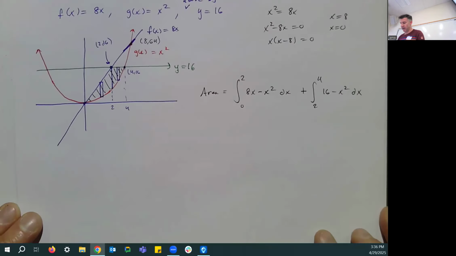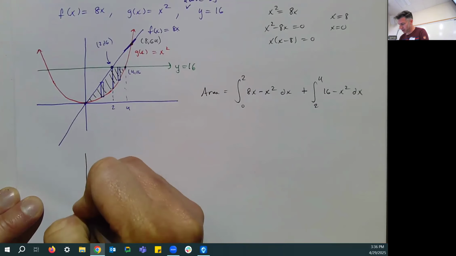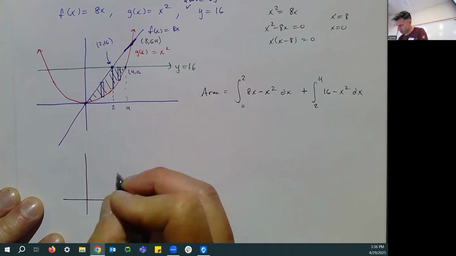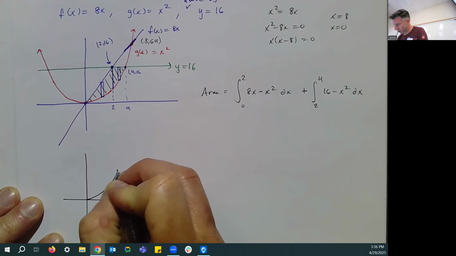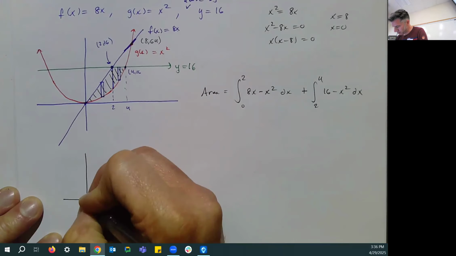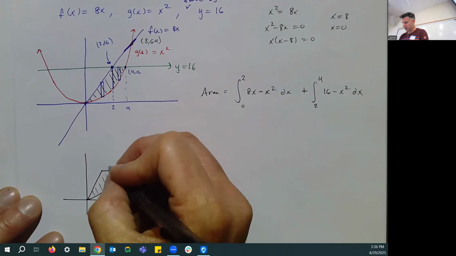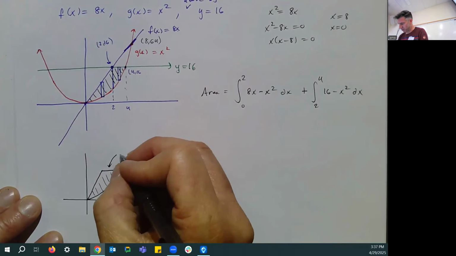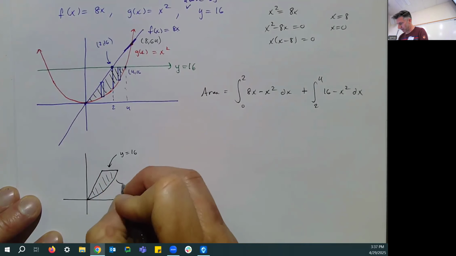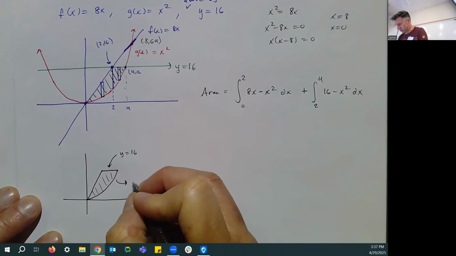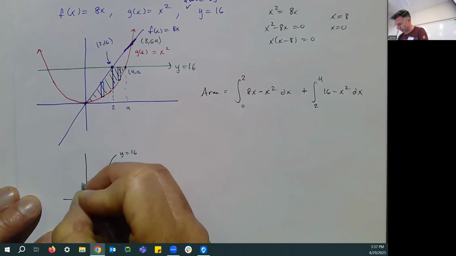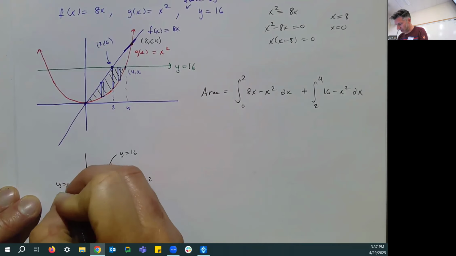We're going to rewrite this as, in fact, we're going to draw the region again. I'm just going to draw the part of the region I want. So now for this region, the top function is y equals 16, the right function is y equals x squared, and the left function is y equals 8x.